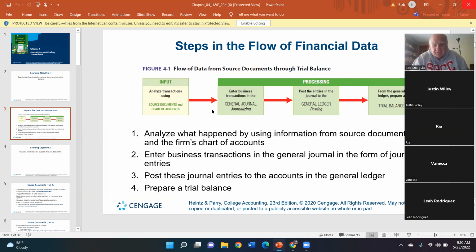And you enter the transactions into the general ledger via journal entries. And then from there, you post them to the general ledger and you're able to run your trial balance after that, okay? So we analyze, we enter, we post, and then we run the trial balance in order to prepare the financial statements at month end.